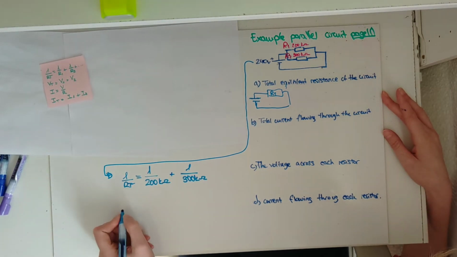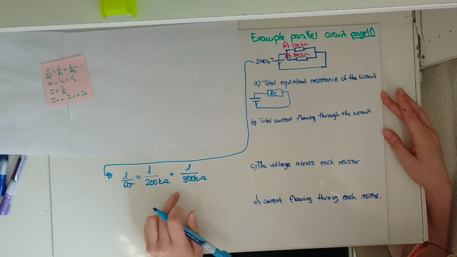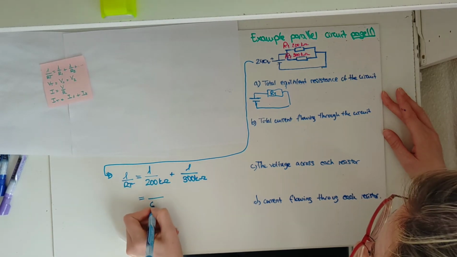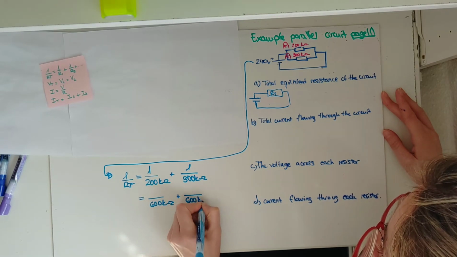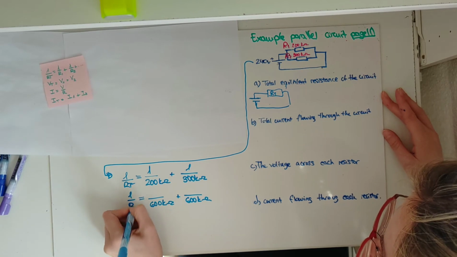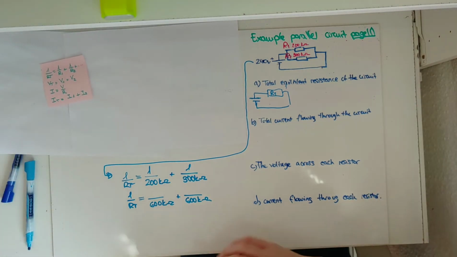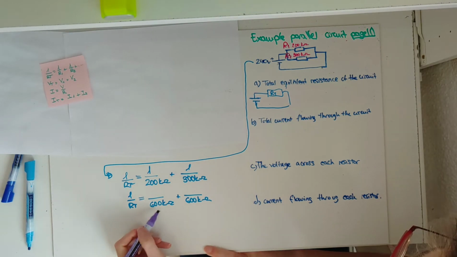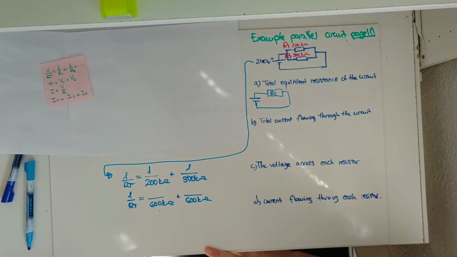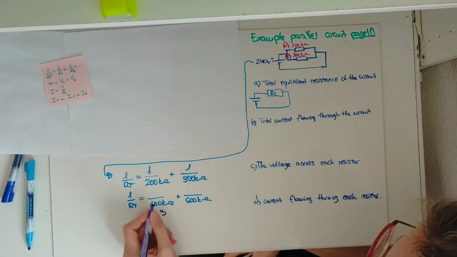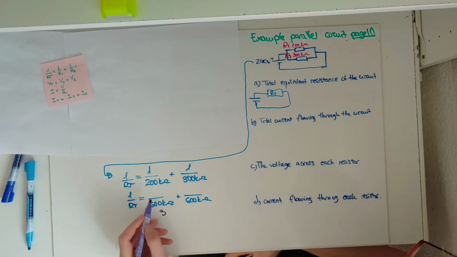The common multiple between them is 600. 600 divided by 200 is 3. Is 3, no? 600 divided by 200 is 3.